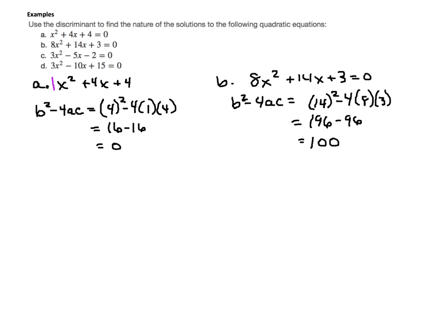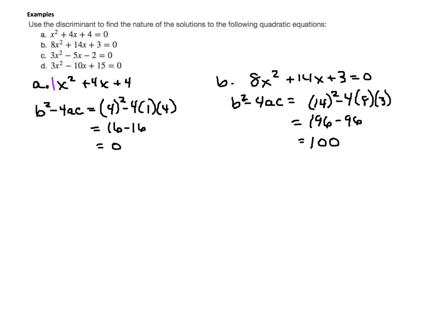Think about the fact that that's sitting under the square root, and that is a perfect square. So when you take the root of that perfect square, you're going to end up with just 10. So you're going to add 10 one time, and you're going to subtract it.